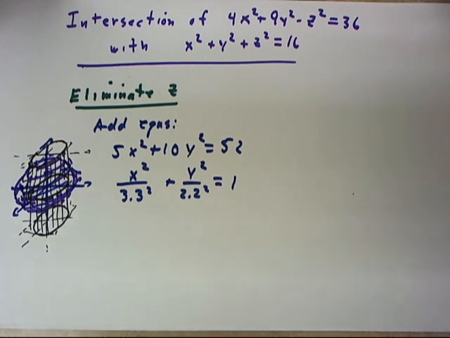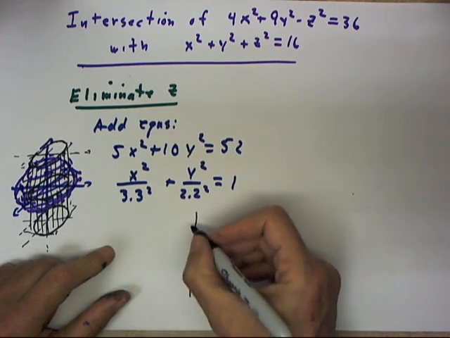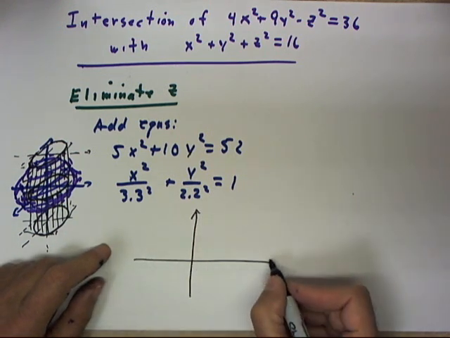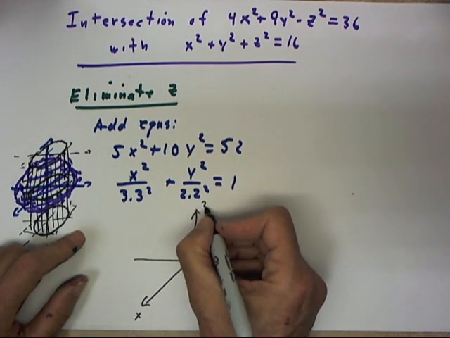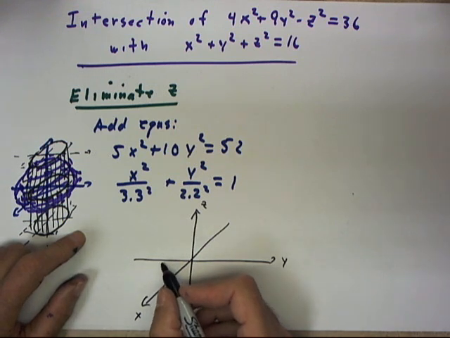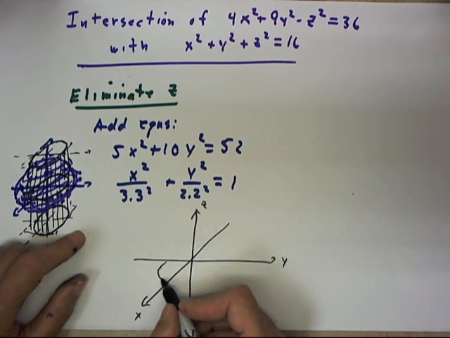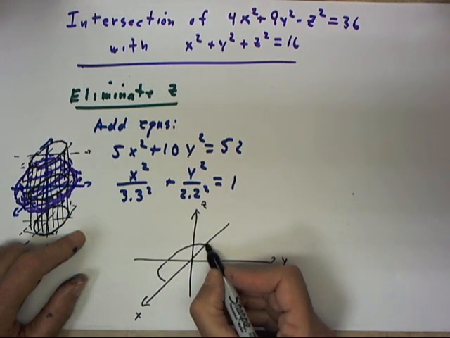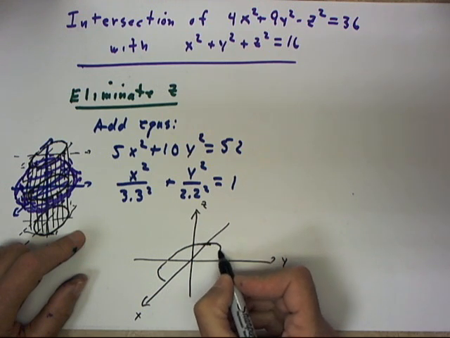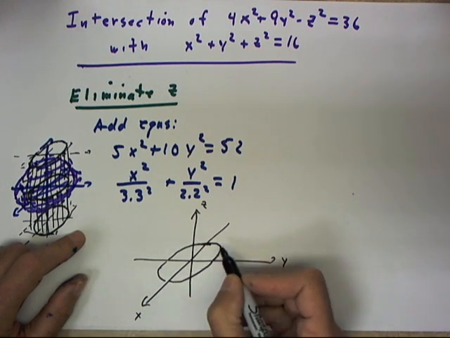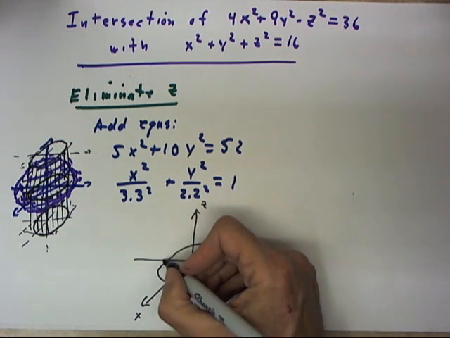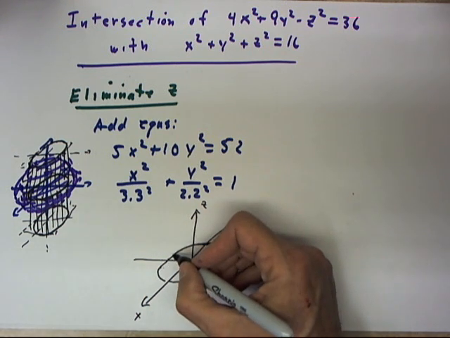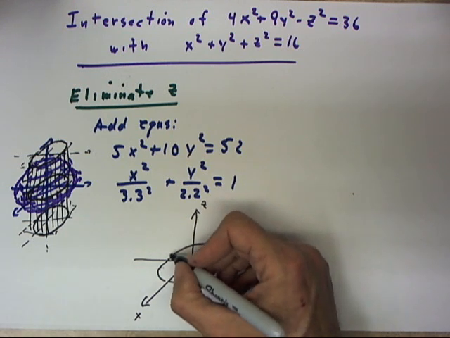So this intersection lies on a curve above this ellipse. Here's the ellipse, and there are points above this ellipse where we intersect.